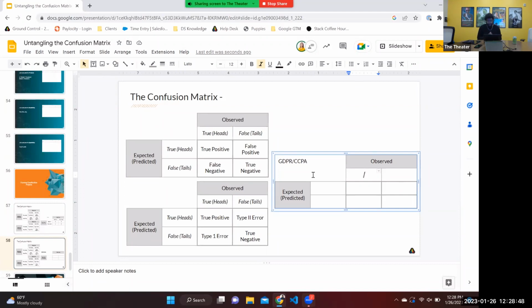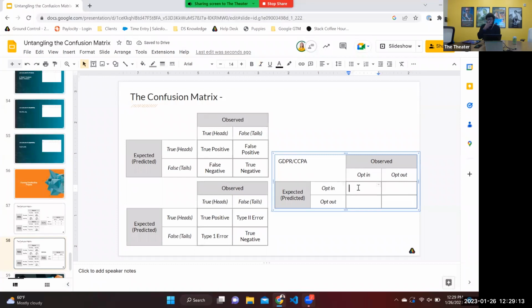So let's get back to the confusion matrix. Now you're probably asking yourself, okay, we need to set up our tracking here. So what are our options? The options are the person opts in or the person opts out, which means that this person could opt in or this person could opt out down here.